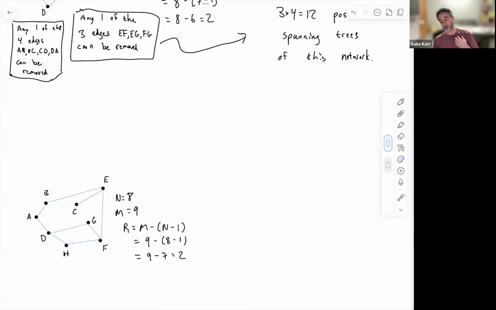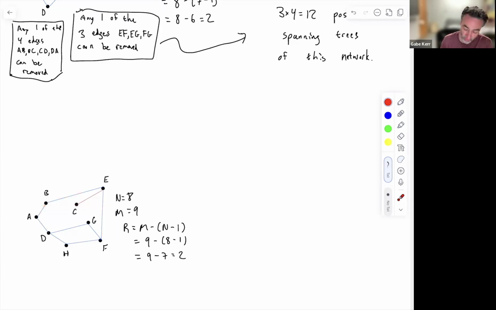And then there's a question of, I want to be able to remove two edges. Okay, so which edges can I remove here? Well, I contend that if you remove any of these edges up here, this edge, this edge, this edge, this edge, you can remove any other edge.